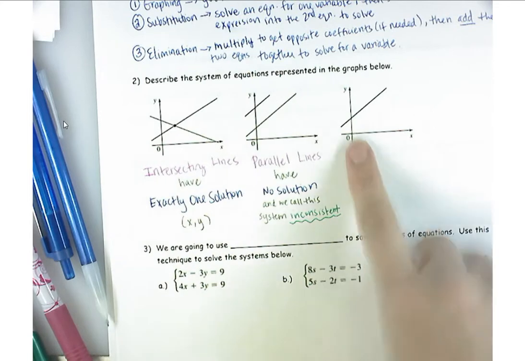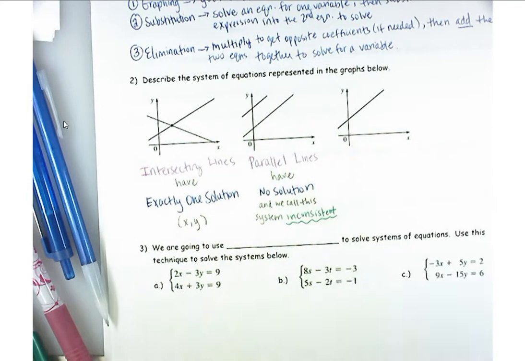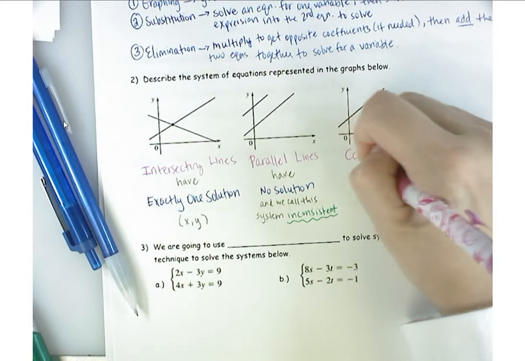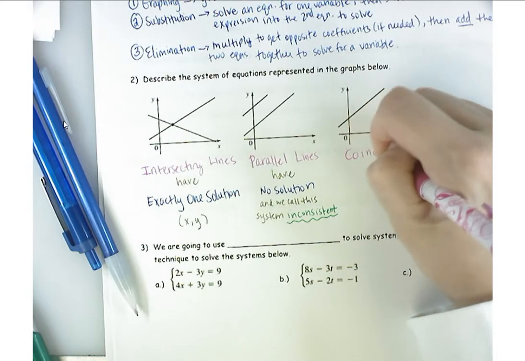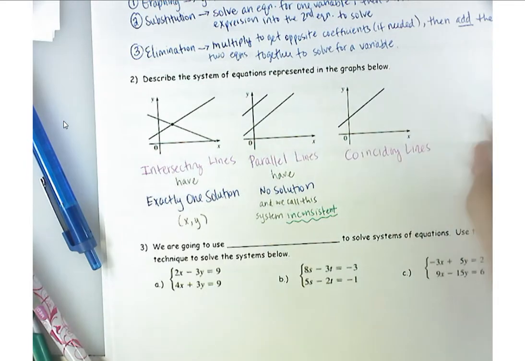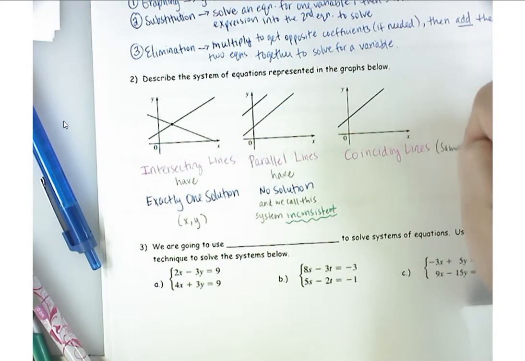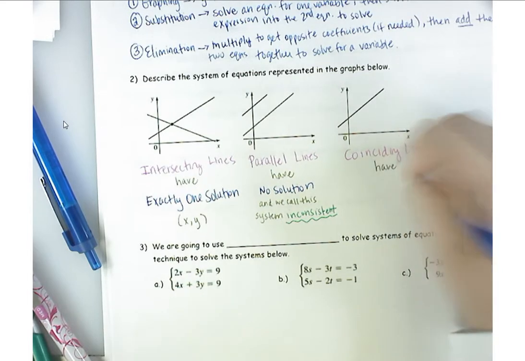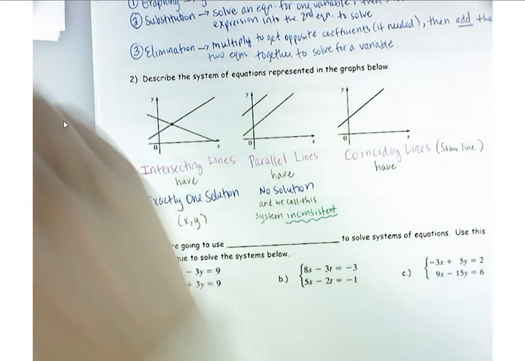Okay, and then the last one has one line. Why is that? Yeah, the lines are overlapping. Do you guys remember what mathematical word we use for that? Coinciding. So they're coinciding lines. Okay, they are the same line. And coinciding lines have how many solutions, you think?